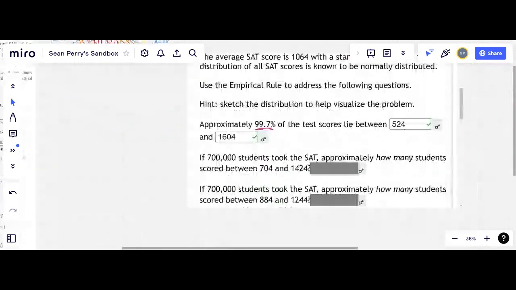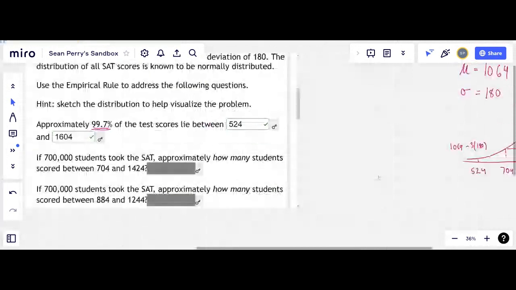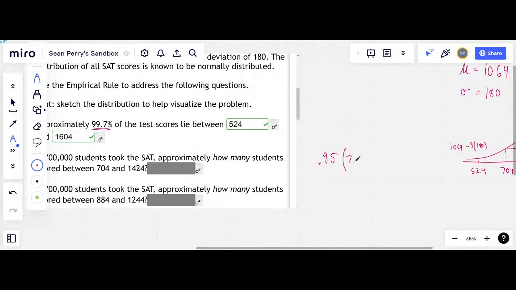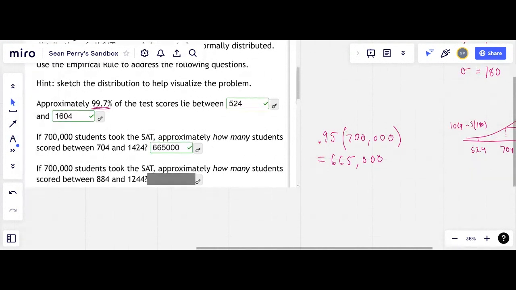So we expect that 95% or 0.95 of my total number of test takers, which is 700,000, will be between these two values. And we get 665,000.